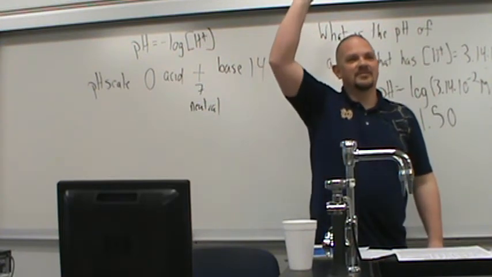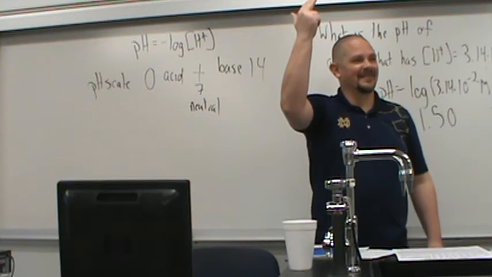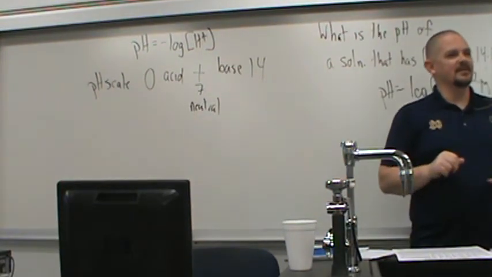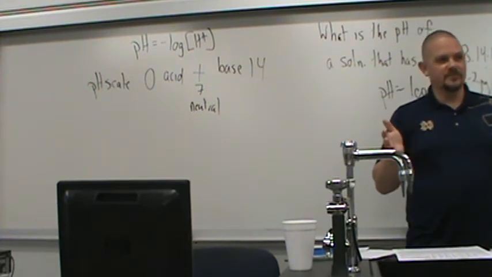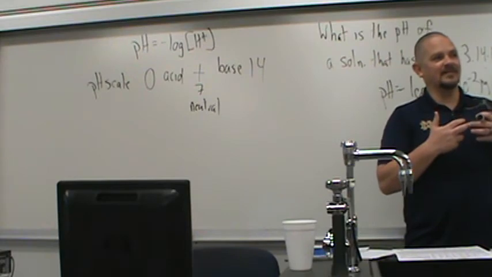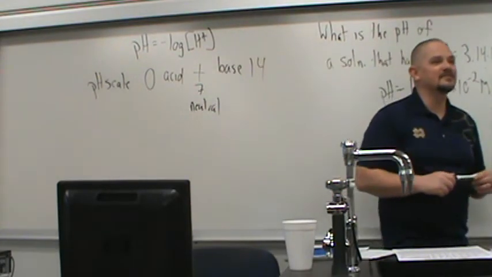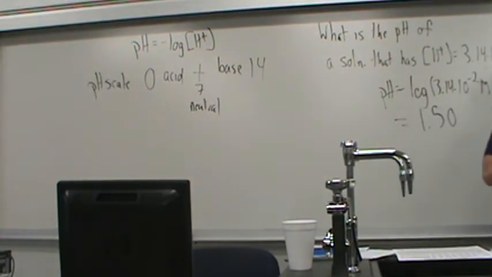I go, Dr. Jim, I got some acid on my finger. He goes, okay, yeah, go wash your hands real quickly with soap. Soap is a base. And it came into contact with the acid and it neutralized it. So I got it close to pH of 7 again. Now, of course, it stays like that forever, just like any other chemical scars I have on my arms, hands, and everything like that.